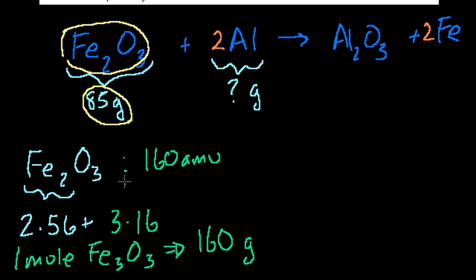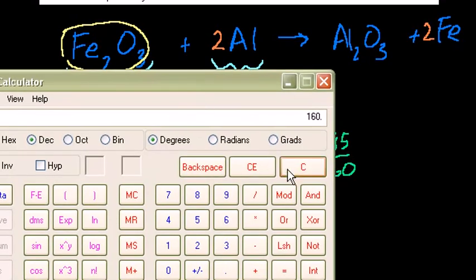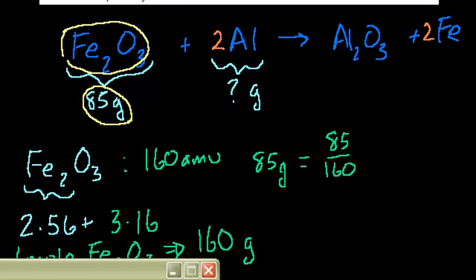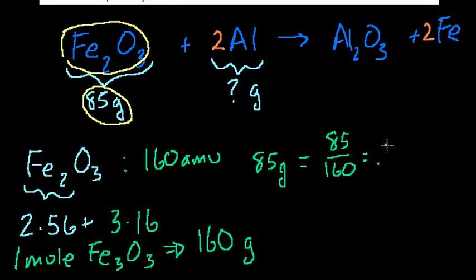How many moles is that? Well, 85 grams of iron 3 oxide is equal to 85 over 160 moles. So that's equal to 85 divided by 160 equals 0.53125, which is about 0.53 moles.